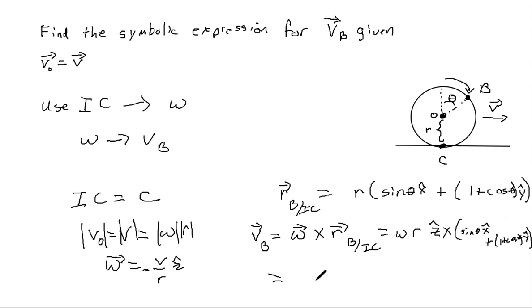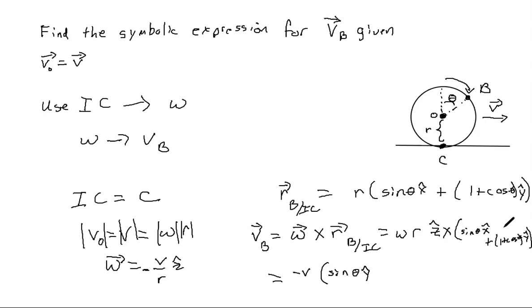So that's going to give me minus v over r, the r's cancel. And then I have z hat cross x hat, that's y hat. So I get sine theta in the y direction.